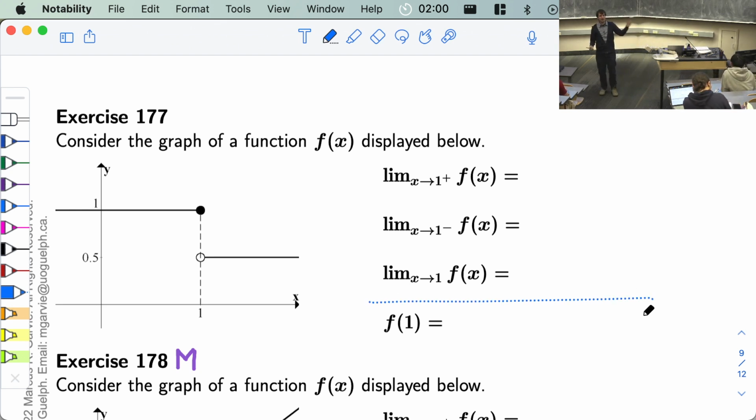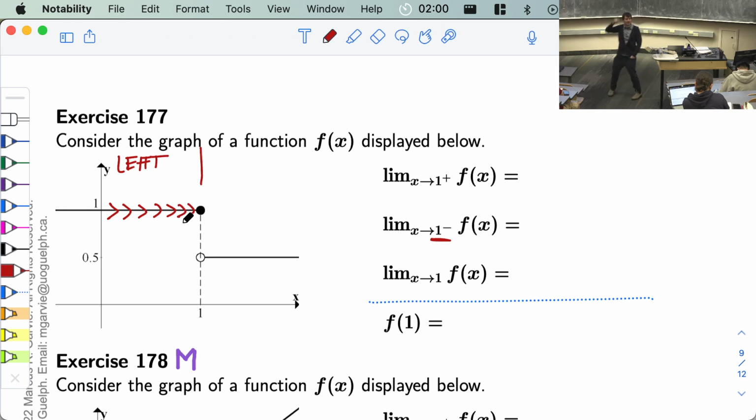In this situation, because you have a picture, I would follow along the lines coming in from either side. To do the left limit, we're doing the limit as x goes to 1 minus, that means left of x equals 1, on the left side over here. So I'm going to follow in with my little arrows. What do the y values do on that little piece of the function?